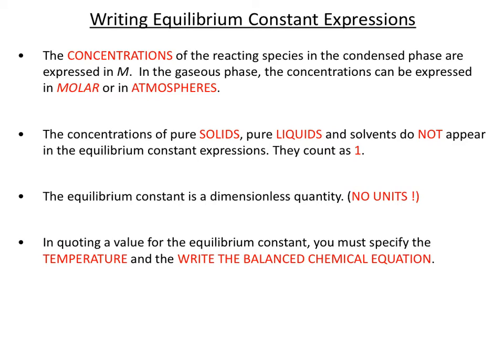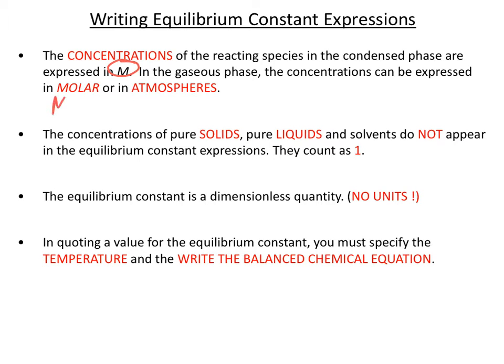One of the first things that we learn how to do in studying chemical equilibria is to learn how to write the equilibrium constant expression. There are a set of rules for this, and we'll run through them now before we practice. The concentrations of the reacting species in the condensed phase are expressed in molarity.